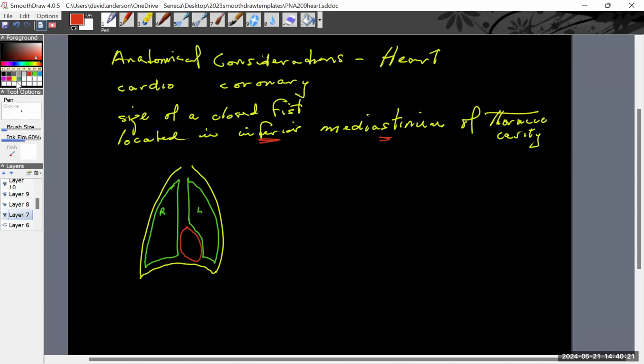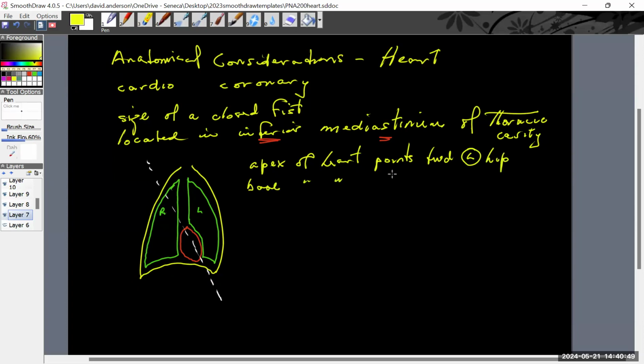The apex is pointed downward towards the left hip, so the angle of axis would look something like this, so that the apex of the heart, the so-called pointy end, points towards the left hip, and the base of the heart points towards the right shoulder.